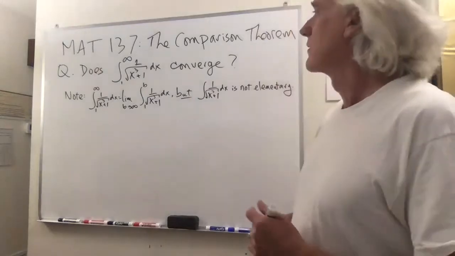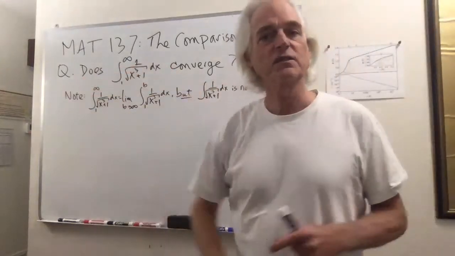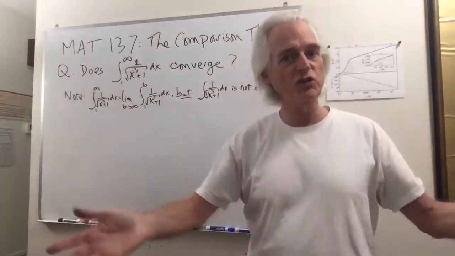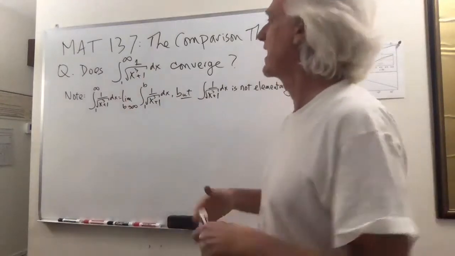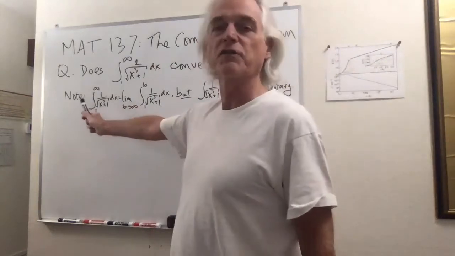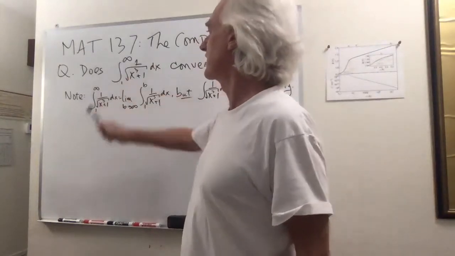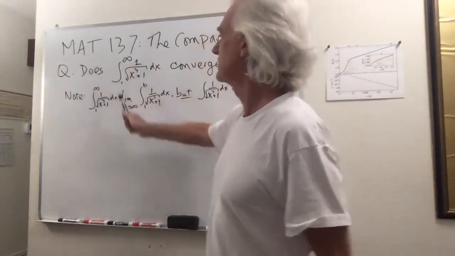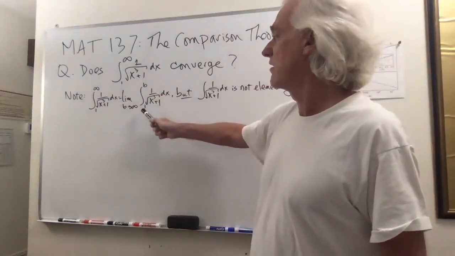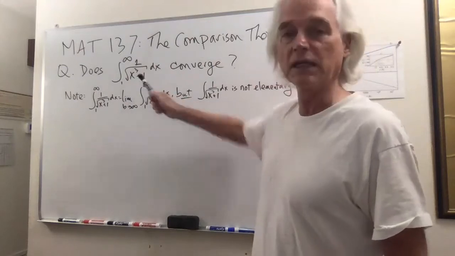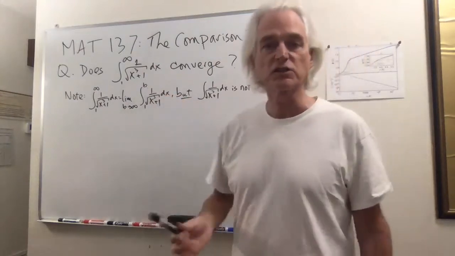Now, you notice they're not asking what number it converges to if it converges, just does it converge, yes or no? Now, let's never forget what this symbol means. This symbol means the limit, as the upper limit b approaches infinity, of the integral from 1 to b of that same function.